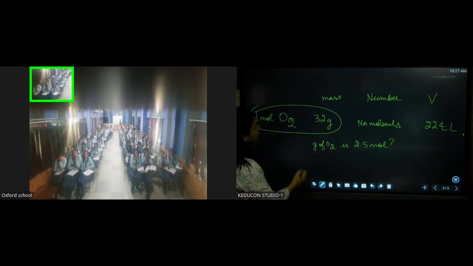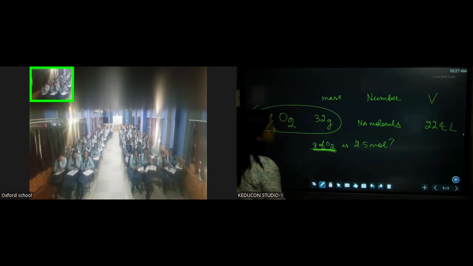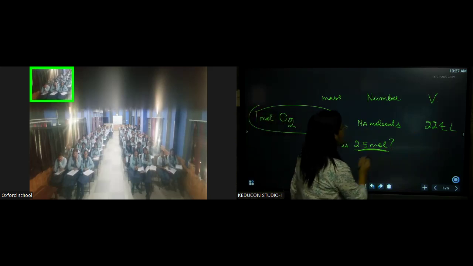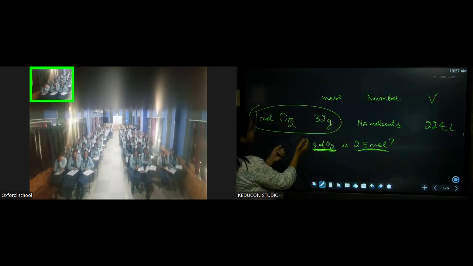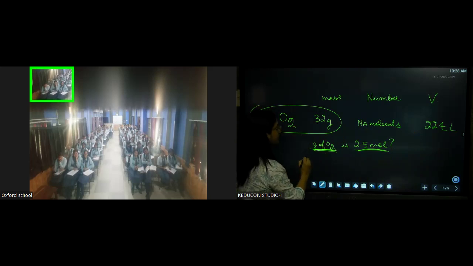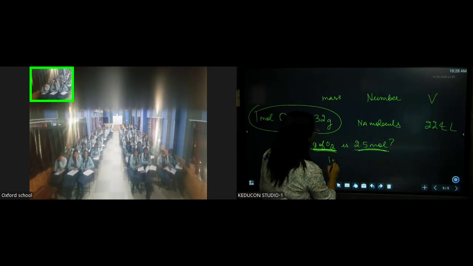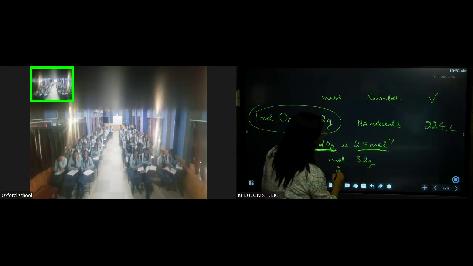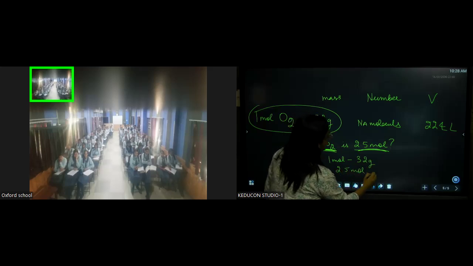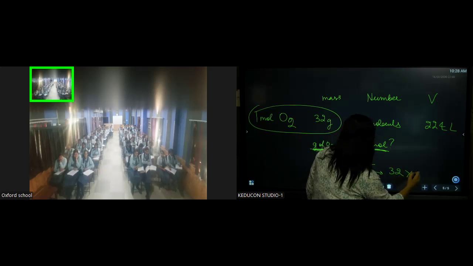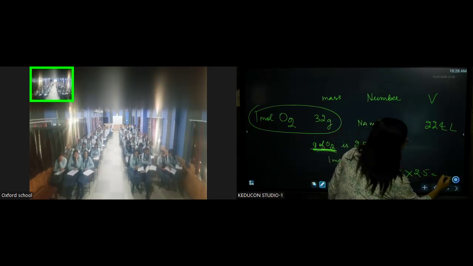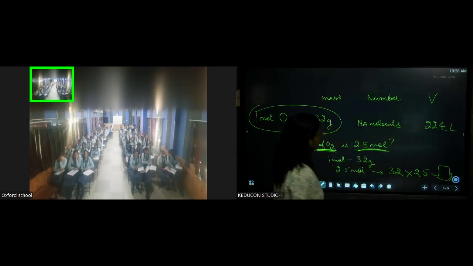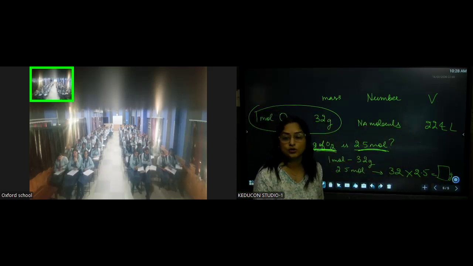First of all, I'll see what is the relationship between mole and grams of oxygen. It says 1 mole is 32 grams, so 1 mole is having 32 grams. So 2.5 mole will have 32 into 2.5 grams. This much grams is present in 2.5 mole of oxygen.